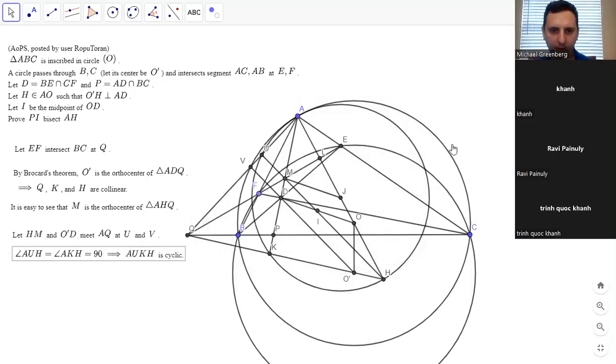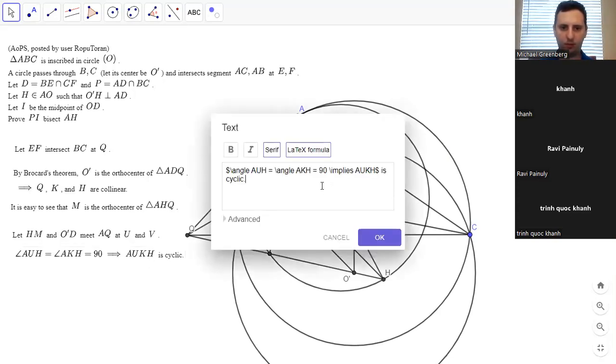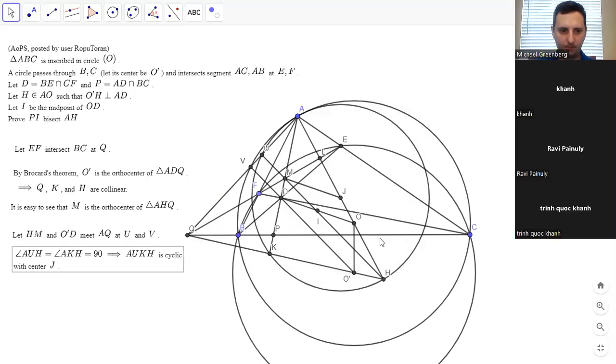By a homothety at A, with center J, AU over AB equals AM over AD.